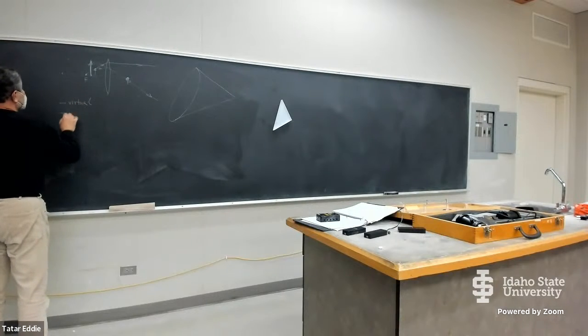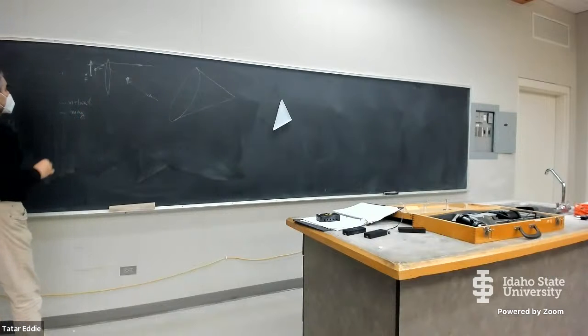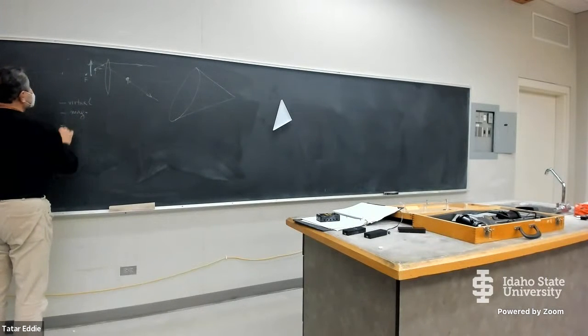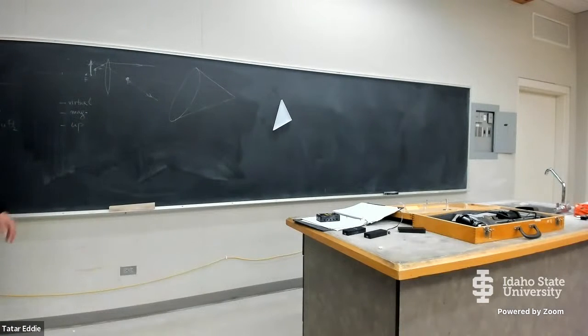It is magnified, right? You see that it is larger in size, and it is upright rather than inverted. So those are the properties of this image when you place the object between the focal point and the lens itself.